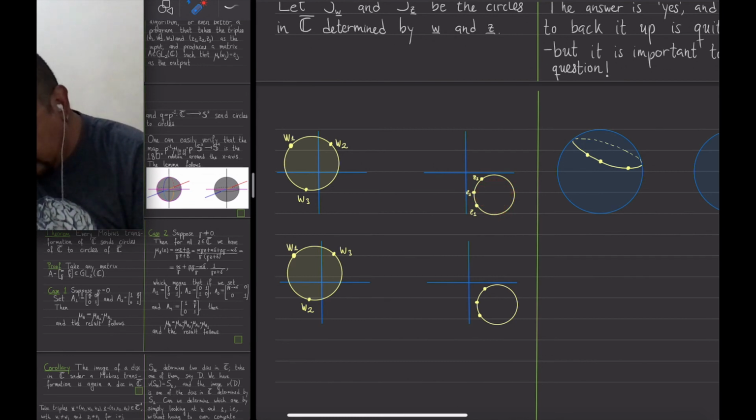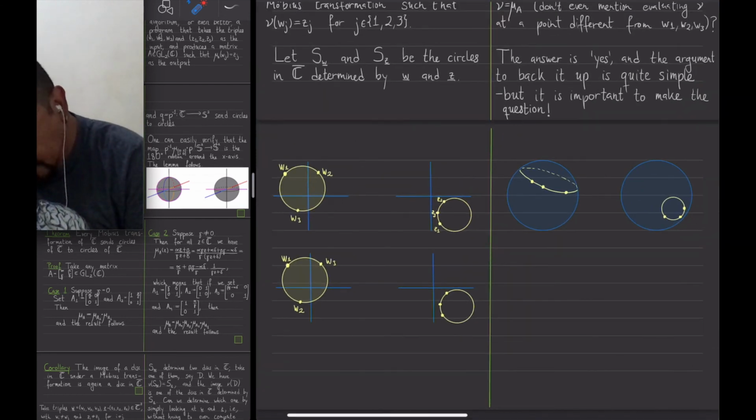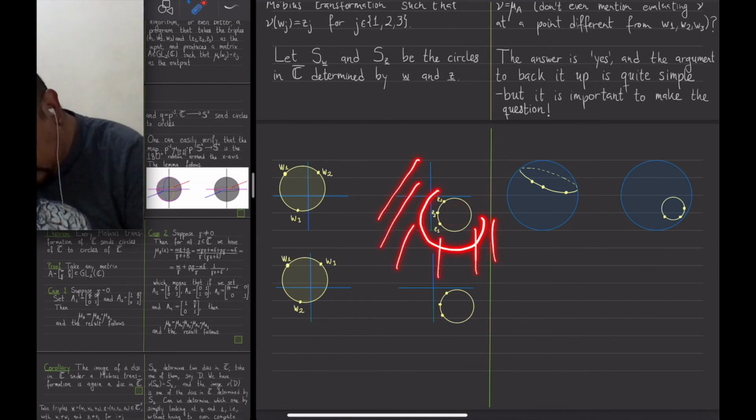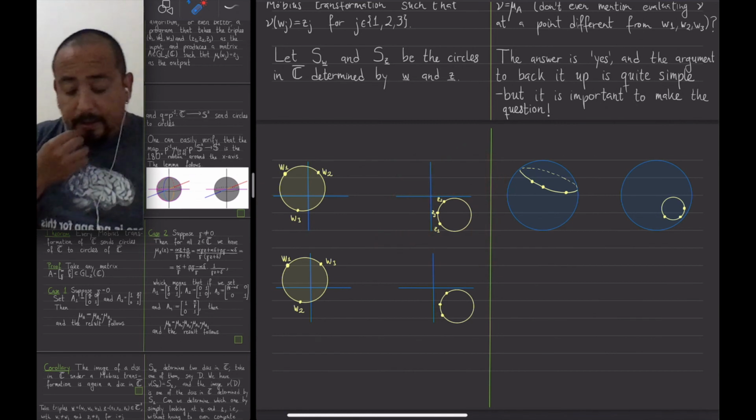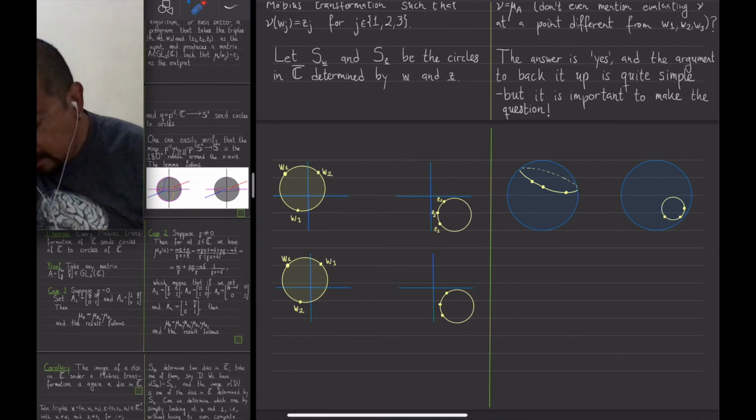So if instead of that I have Z1, and now Z2 is here and Z3 here, then the image of this disk, which is oriented clockwise, cannot be this one, right? So it has to be the outer one. Why?